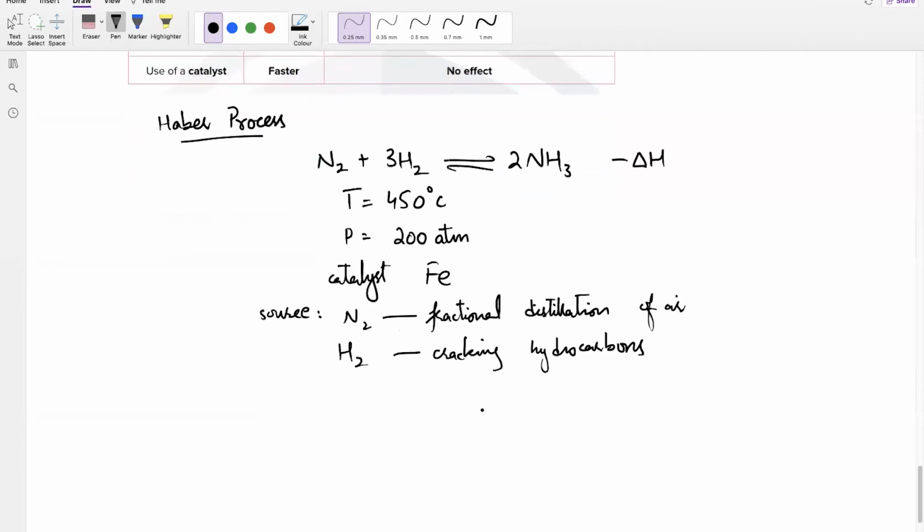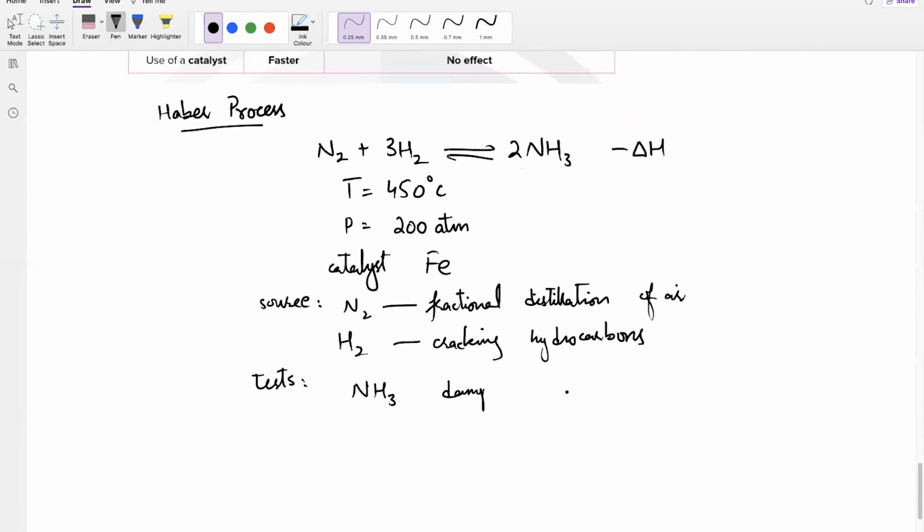Similarly, tests for ammonia: it turns damp red litmus blue. And ammonia also reacts with acids to produce ammonium ion, which gives ammonia with NaOH. So if you add NaOH to it, it releases ammonia.